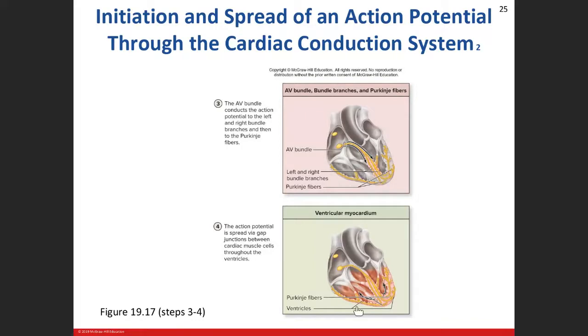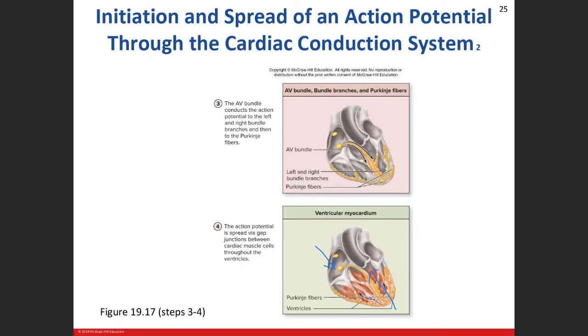By the time we get to the Purkinje fibers, they'll start to trigger that depolarization, but it starts down here in the apex, and it spreads upwards. That's why on that one video we saw, the atria contract from the top down, and the ventricles contract from the bottom up, which makes sense.